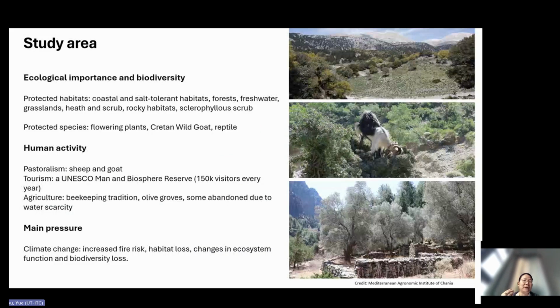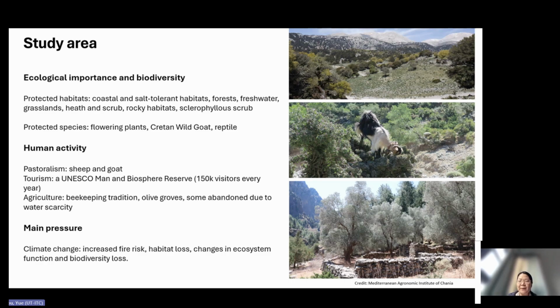And a bit of the socio-ecological background of this area. It definitely has important ecological value and biodiversity, which includes different types of protected habitats and also protected species. But as a Natura 2000 site, it's not exempt from human activity. There is grazing activity in the site, and every year it receives about 150,000 visitors.